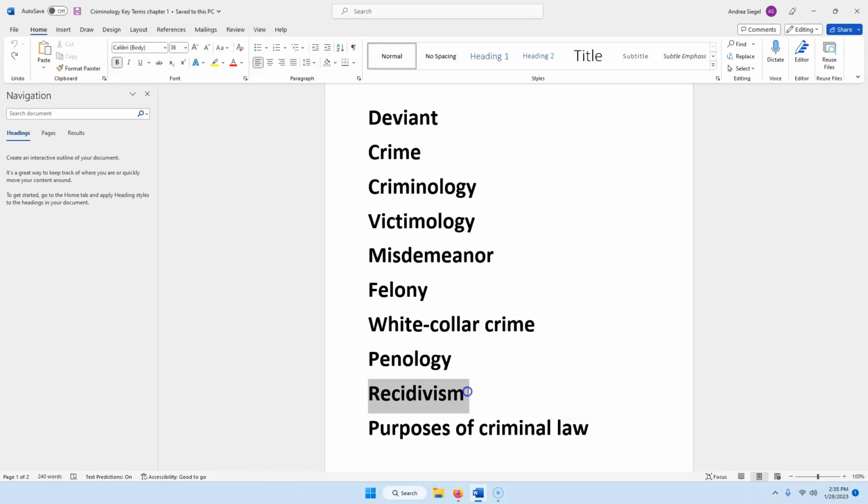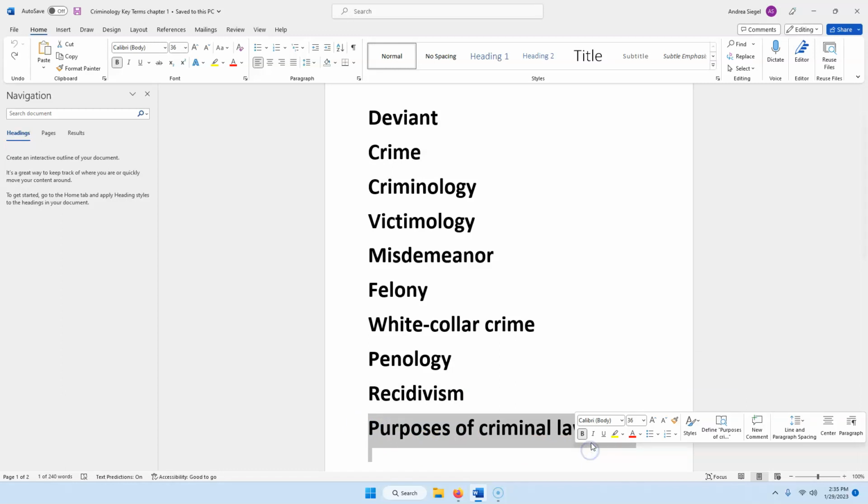And I do want you to know that the purposes of criminal law are to represent public opinion and moral values. Criminal law also enforces social controls.